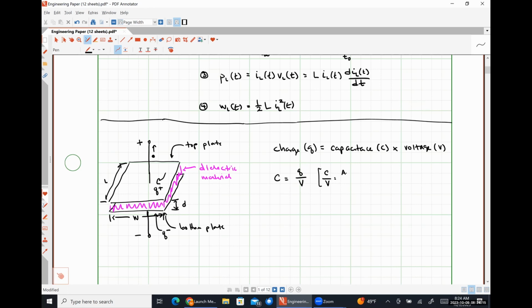A coulomb is an amp second, so this is amp seconds per volt, and we call this a farad, F. So these are the units of capacitance.